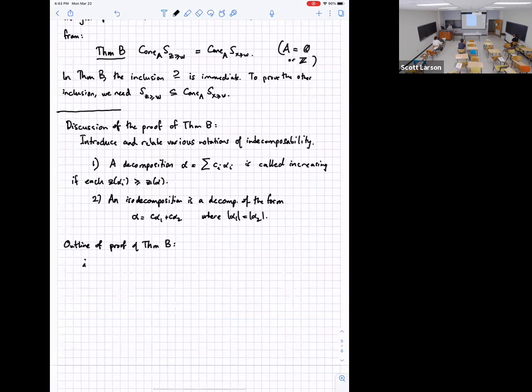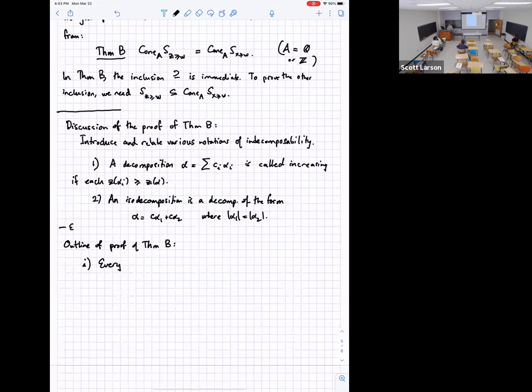So the first step is to say that every element, oh, by the way, elements without such decompositions will be called increasing indecomposable, or iso-indecomposable. Increasing indecomposable is kind of a weird phrase, but it means it doesn't have an increasing decomposition.